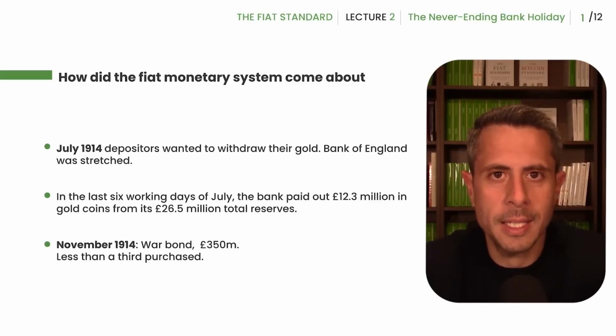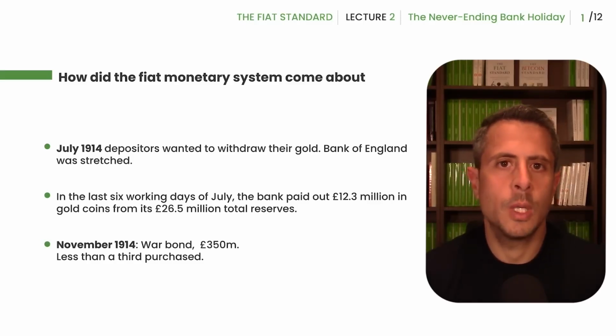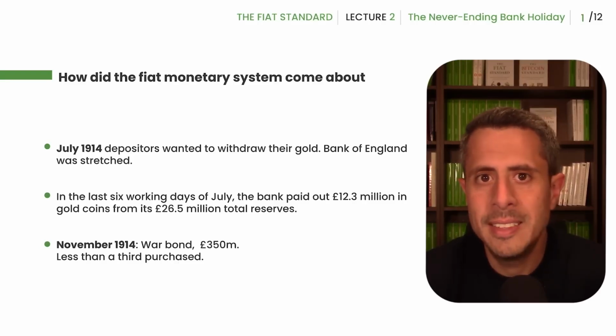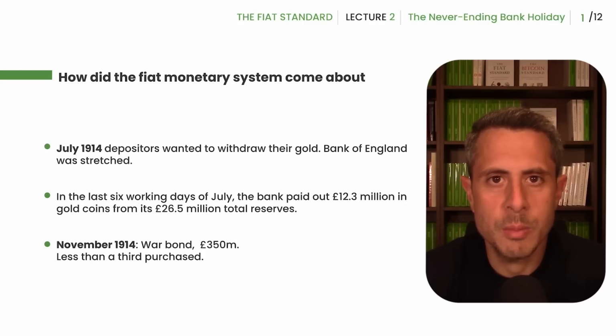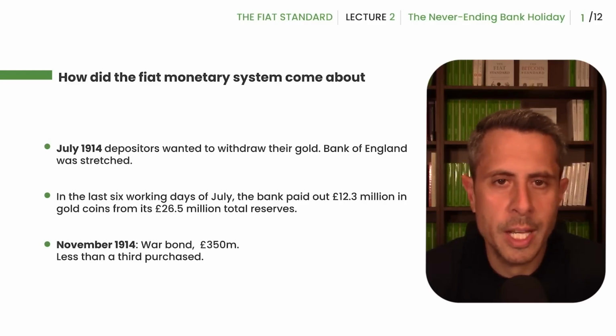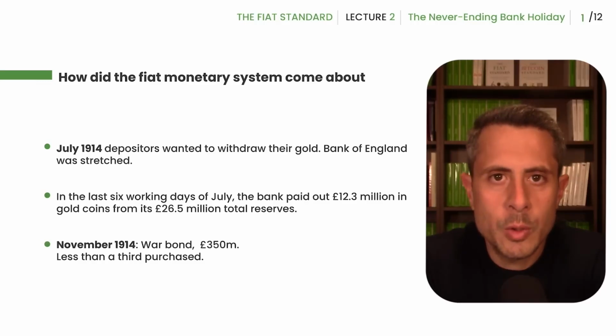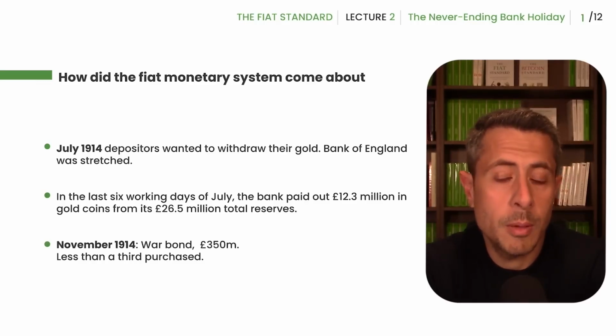gold reserves backing it. So when World War I started, the Bank of England found itself in a curious position. It didn't quite have enough gold to cover its position, but it also wanted to finance war. So this became a problem around July 1914, when war was beginning to break out in Europe.